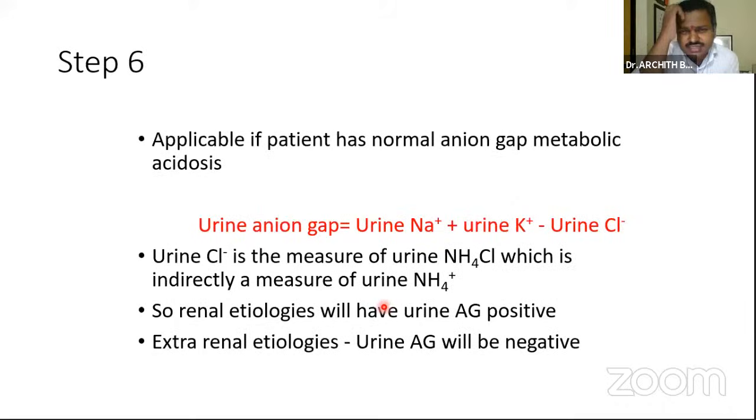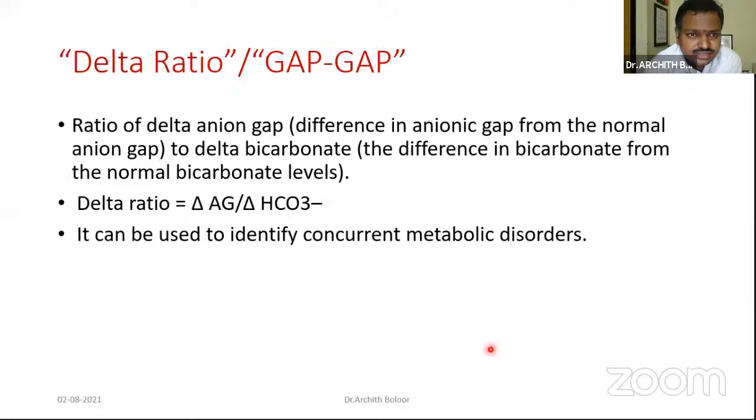Once you have the anion gap, the next thing you look for is urine, but this will not be given in the exam. The urine values are not given, so you don't need to look for that. I'll quickly go on to certain examples. The delta gap is where you have mixed disorders, a concurrent metabolic disorder. That is where you need to calculate the delta gap, or the delta ratio, between the anion gap and the bicarbonate levels.